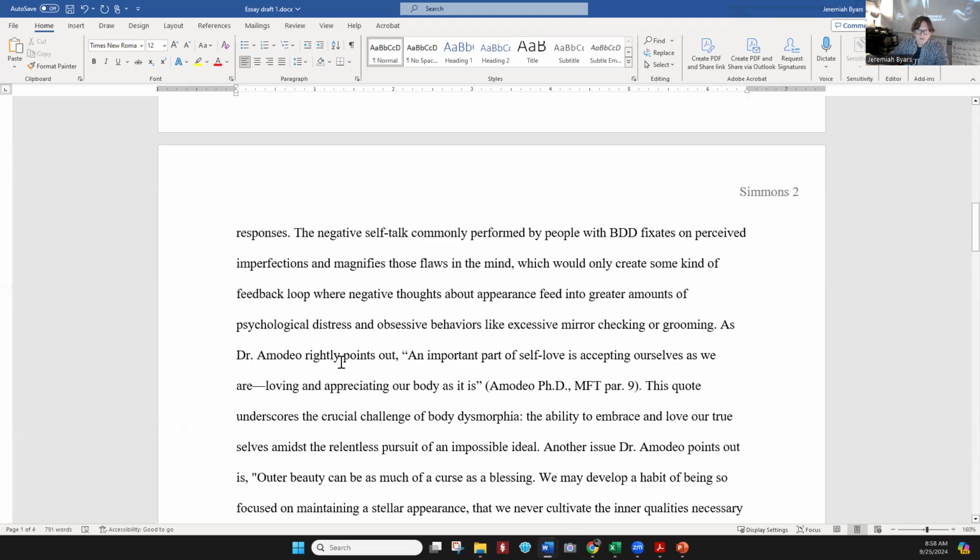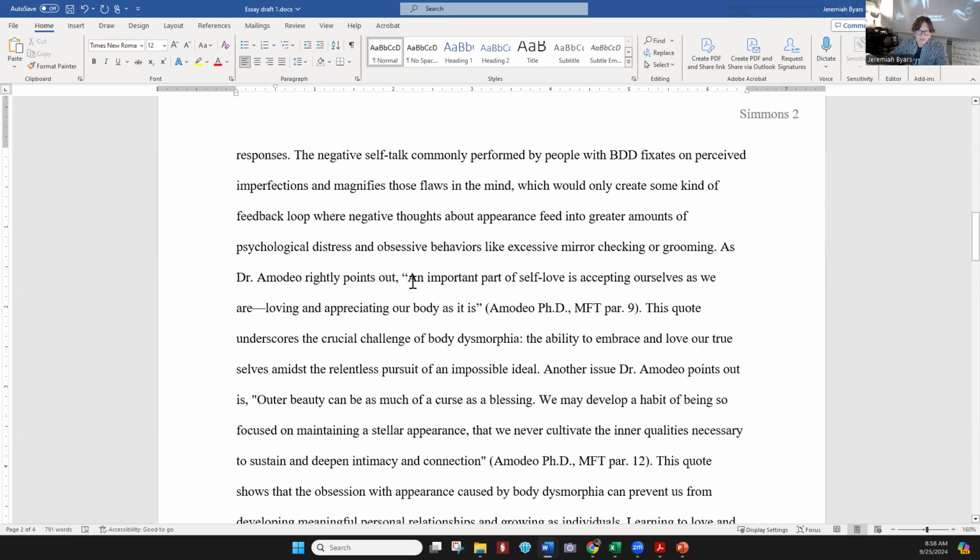Then looking down, when we look at that source, as Dr. Amadeo rightly points out, okay, so this is correct. No, this is not correct. All right, points out. Oh no, let's see. Is that a verb? Is that like points out or points out? No, you're right. This is correct. This is fine. Points out. This is essentially the same thing as saying, as Dr. Amato rightly says, quote, so we can have a capital letter there. That's fine.